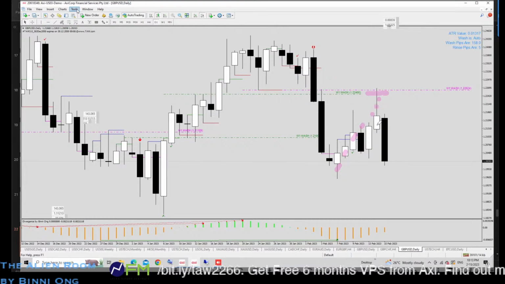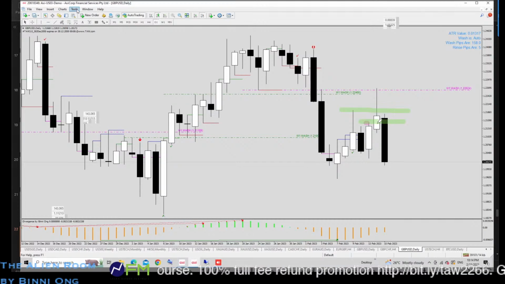Then what do we have here? This one, we have price close above the previous high. So let me just draw in the green line. Close above the previous high, but still being resisted. And what happened?